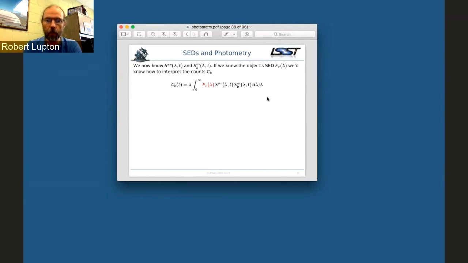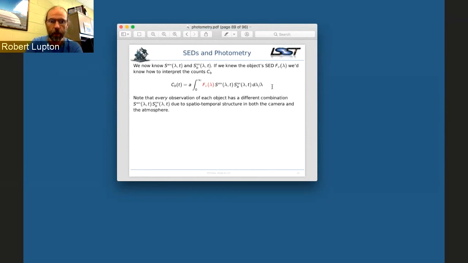Okay, so finally, we now know the atmospheric transmission. We know the system throughput as a function of time. If only we knew the SED, F sub nu, we'd know how to interpret the counts, because I could do that integral. Every observation of each object has a different combination of this term here, S atmosphere, S sys.